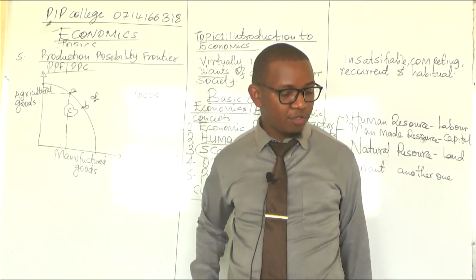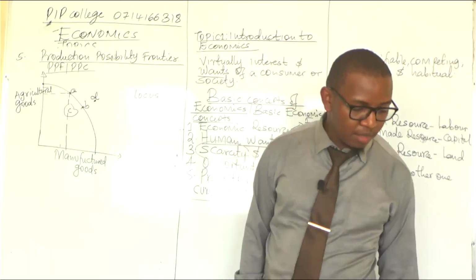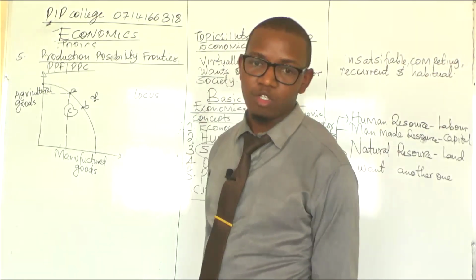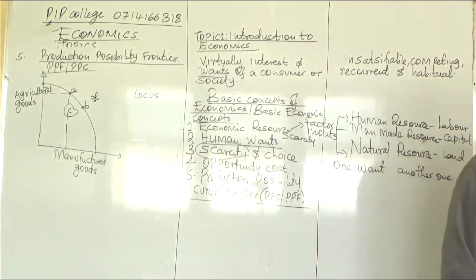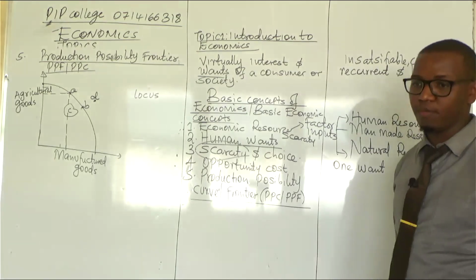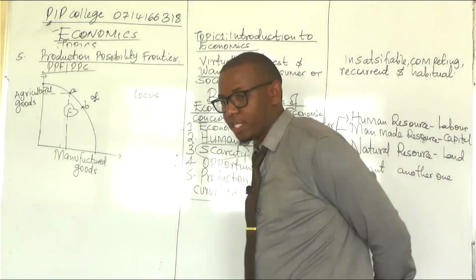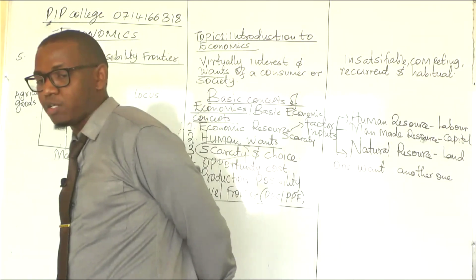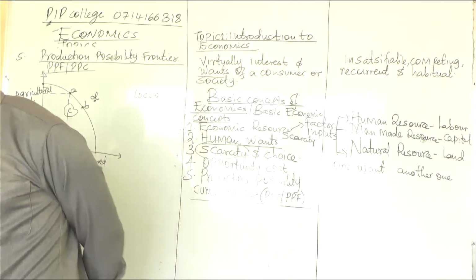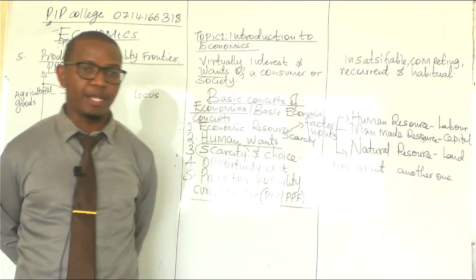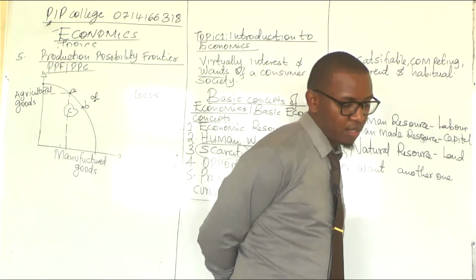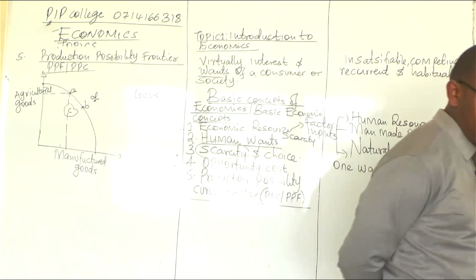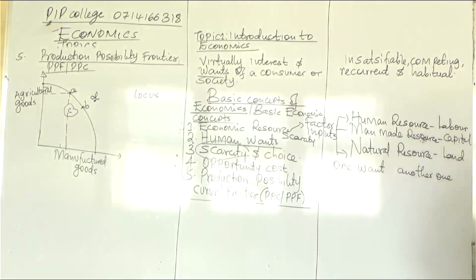On that you can also add, and you say, some resources are more suited for agricultural production, and others are more suited for the manufactured products.